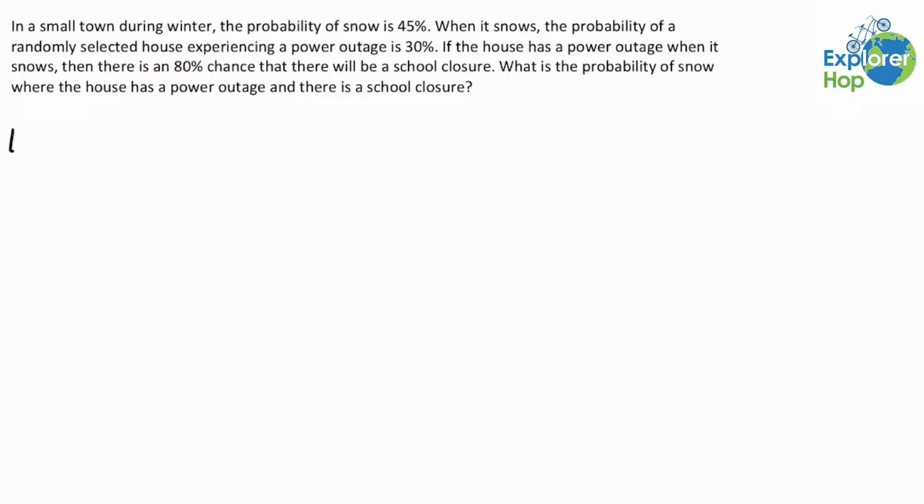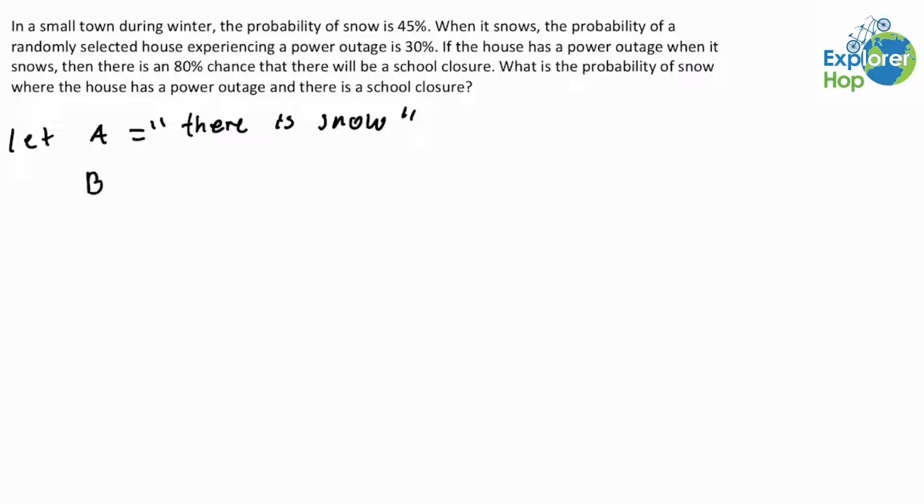So we'll let event A be the event that there is snow. So A is equal to the event where there is snow. Next, we'll let event B be the event where a randomly selected house has a power outage.